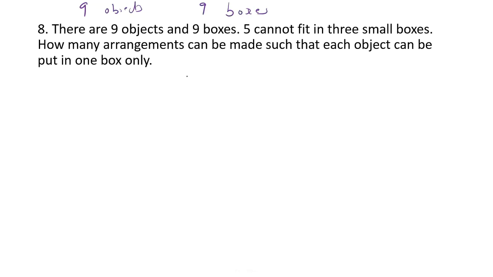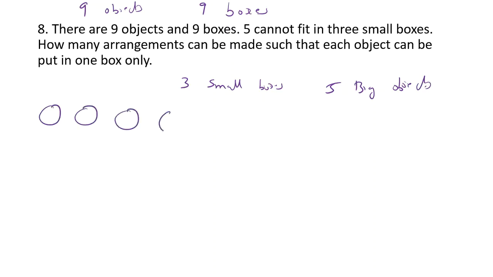That means we have 3 small boxes and 5 big objects. We have 5 big objects, 1, 2, 3, 4, 5, and the remaining 4 are relatively small, 1, 2, 3, 4.